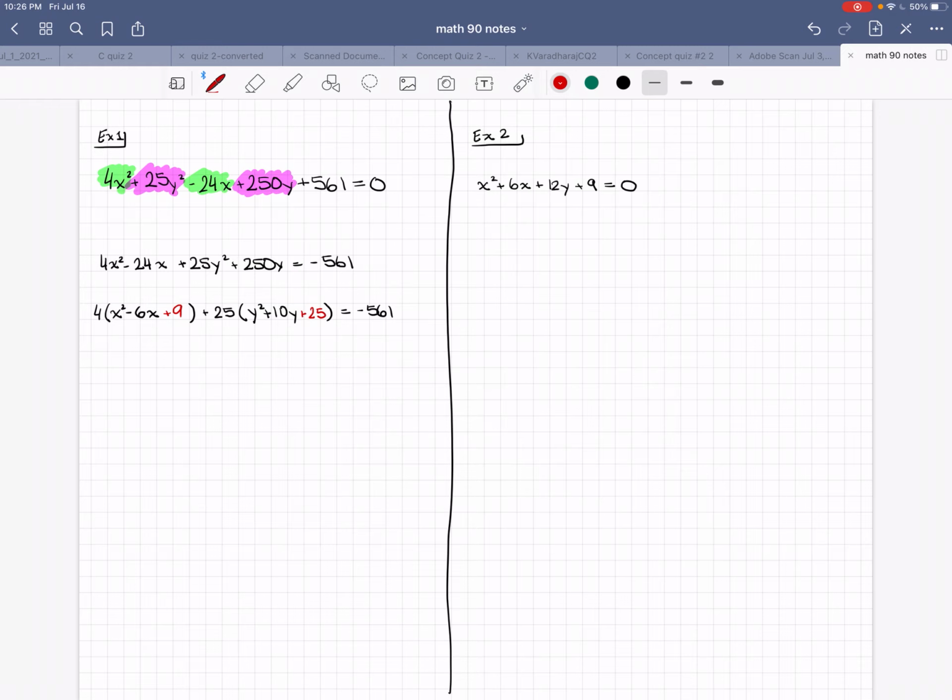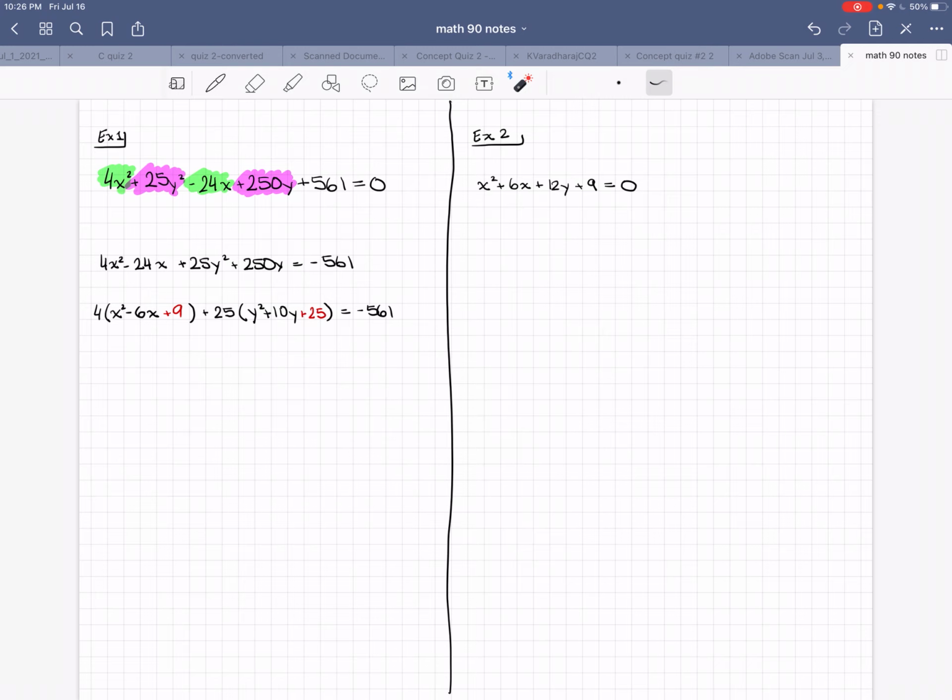And we know that we cannot just go around adding things without neutralizing what we just did. And remember, again, this is not a function, this is just an equation. So we added 4 times 9, which is 36, to the left here. And we added 25 times 25, which is 625, there.